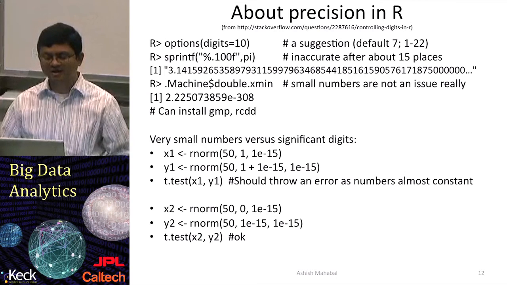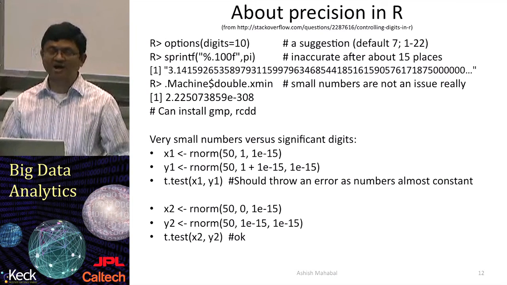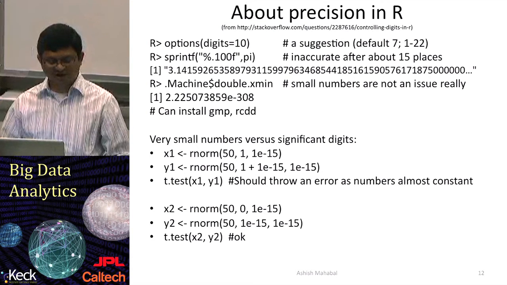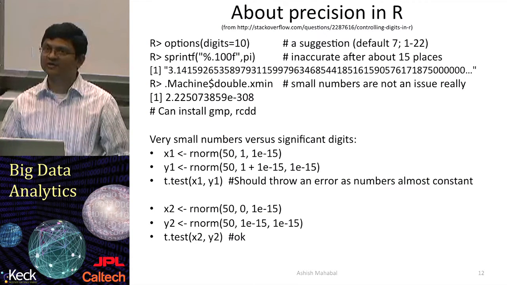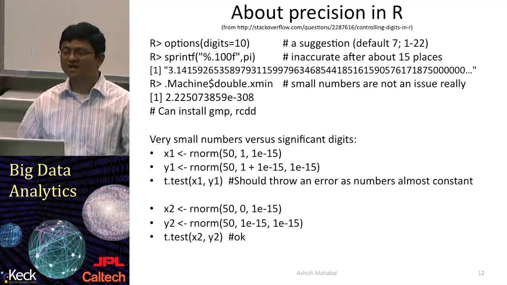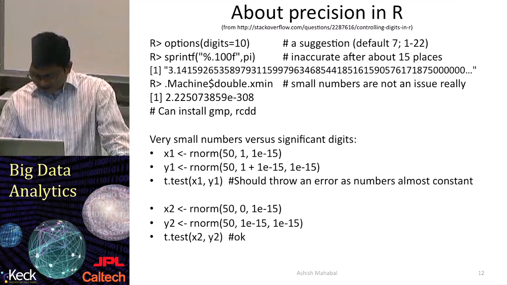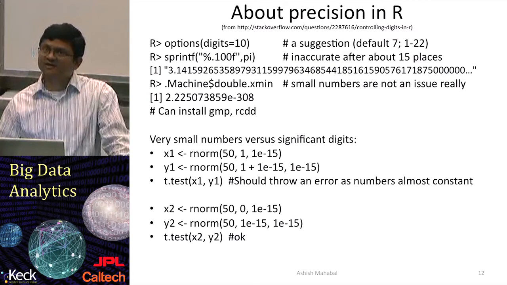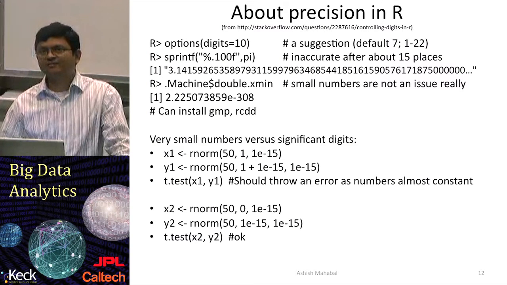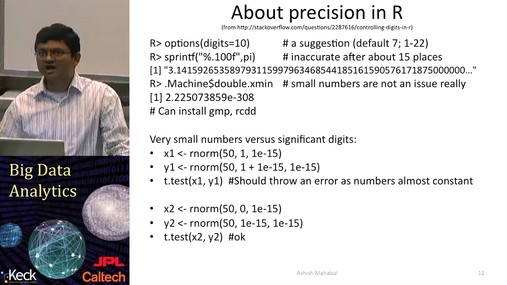So look at the next example. Here we are saying that there is a sprintf of pi, and we want it to 100 decimal places. And the output is shown there. It becomes inaccurate after about 15 decimal places. But does that mean again that R is not precise after 15 decimal places? No. Again there, it depends on whether you are using large numbers or you are using very small numbers.